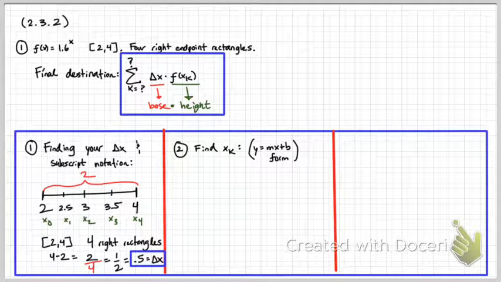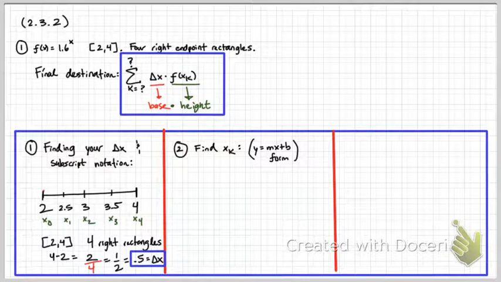So if we go back to our number line, you will notice that your x values here are increasing by 0.5.